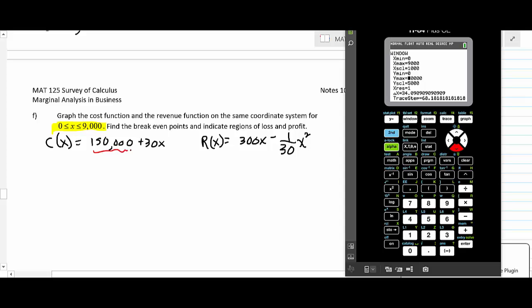If my y-axis isn't going to 150,000, I'm not even going to see the whole line. So let's double that, and let's just take an educated guess, and let's try like 300,000, and then maybe scale that by 100,000. So what we want to do is you want to know what you're going to see. You're going to see a line starting at 150,000 sloping up, and then you're going to see a parabola.